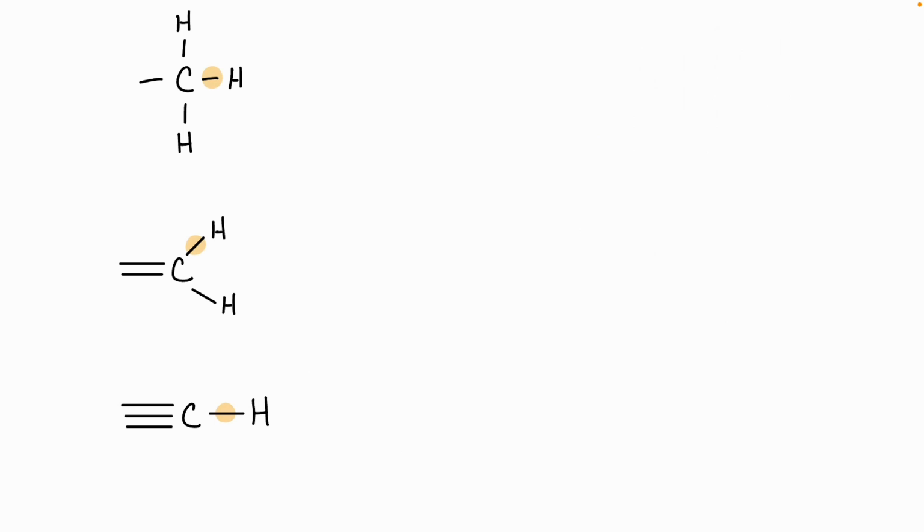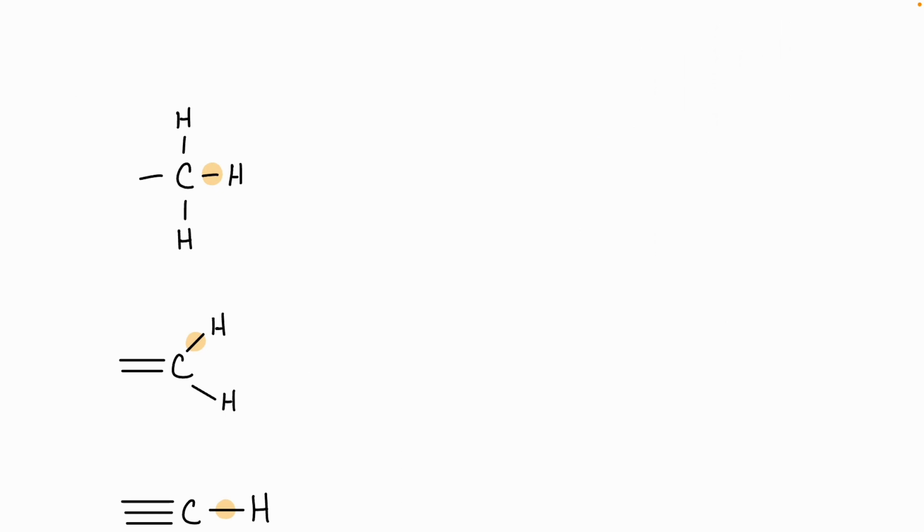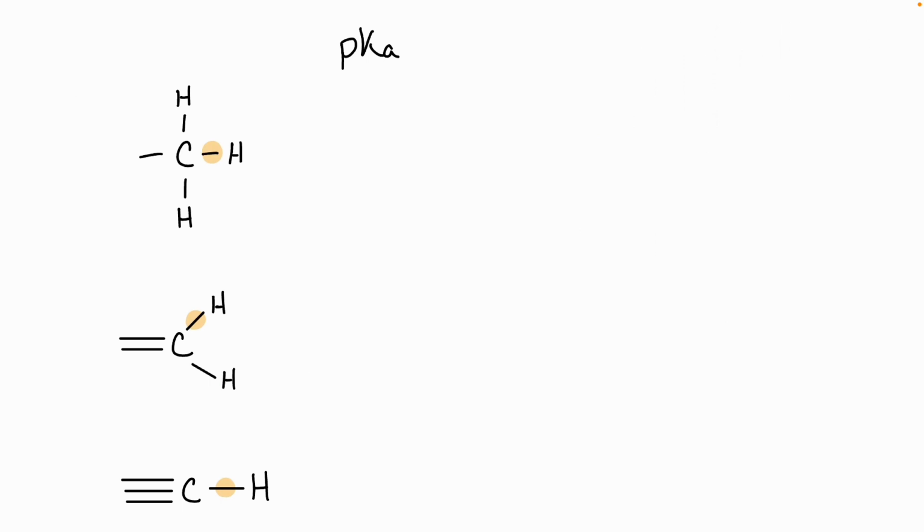Turns out that these bonds have very different strengths depending on the functional group. And we have this quantitative measure that we can look at to compare how easily a compound donates its hydrogens. What constants page did we have where we were looking up values and comparing compounds in terms of how easy they donated hydrogens? pKa's, exactly. So let's look at the pKa's of these various functional groups. Go back to our handy dandy pKa table.